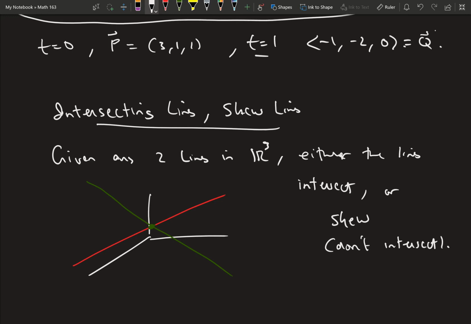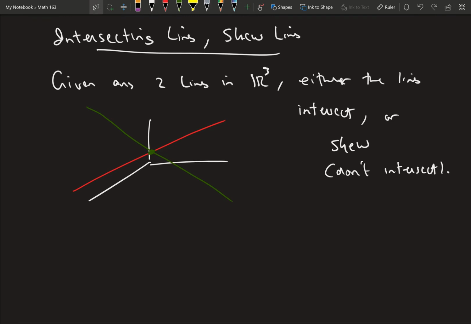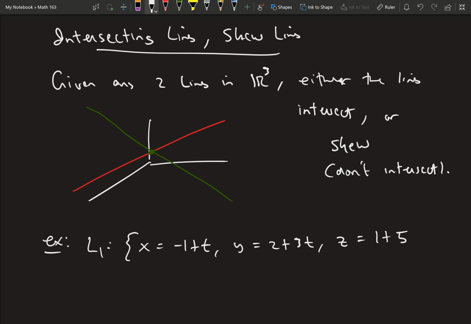Okay, so let's do an example here where we want to find the intersection of two lines. So let's say line 1 is given by x1(t) is negative 1 plus t, y1(t) is 2 plus 3t, and z1(t) is 1 plus 5t. That's the equations for L1.